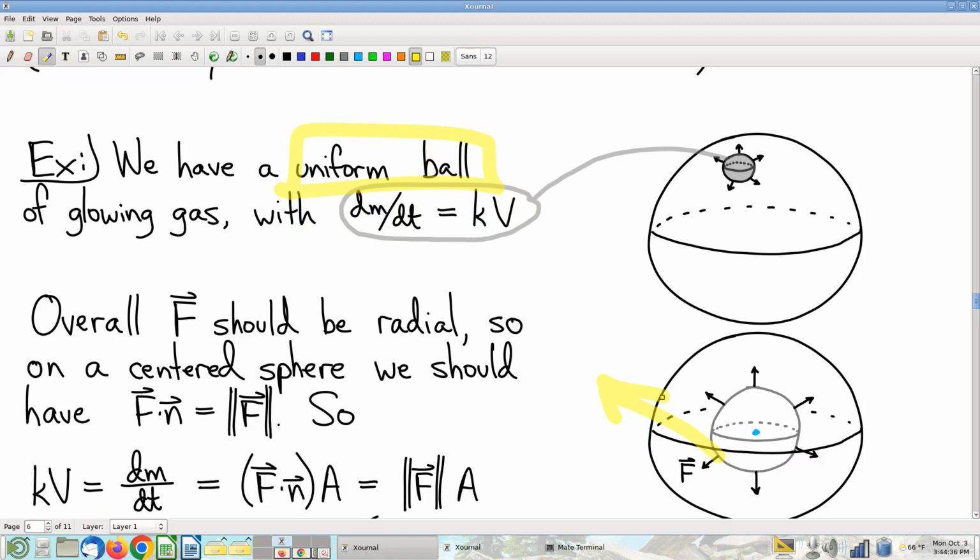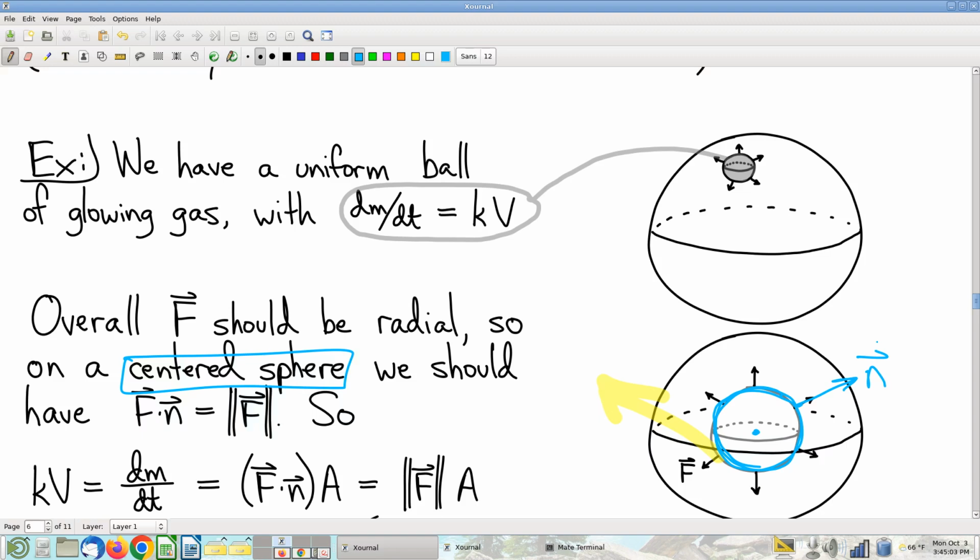Okay. An easy observation from that, keeping in mind that we are looking at a centered sphere, is that centered spheres have radial normal vectors, by the symmetries of the sphere. Normal vectors perpendicular to the sphere have to be radial like that.